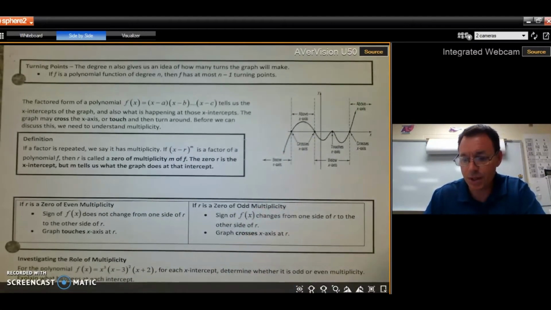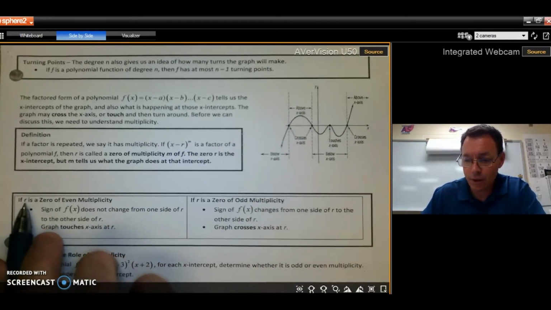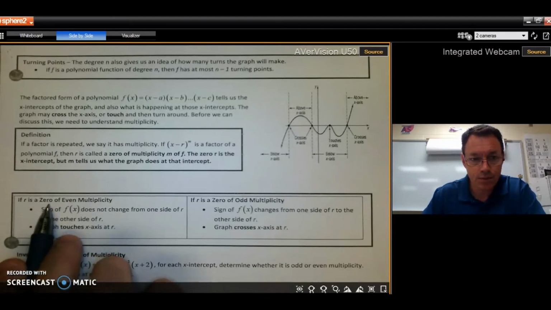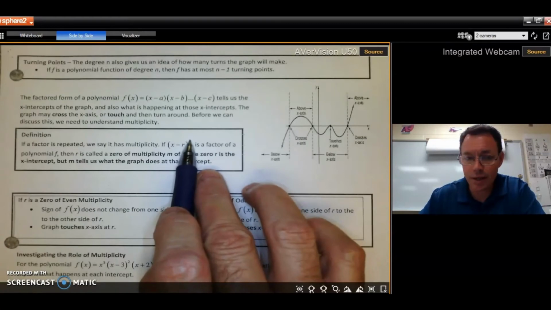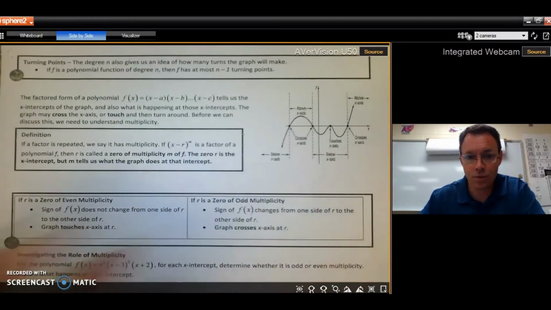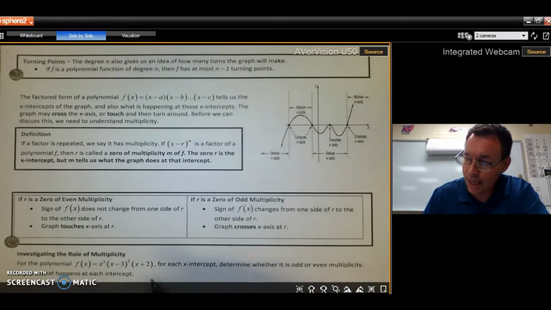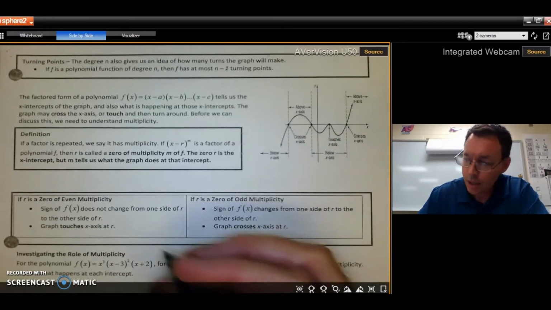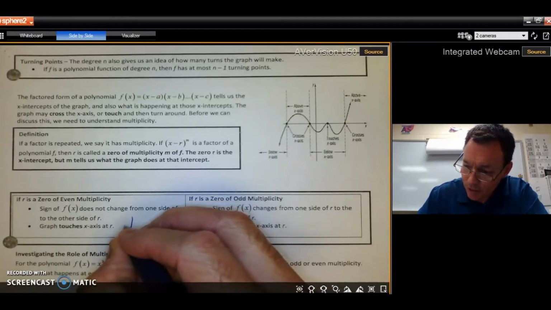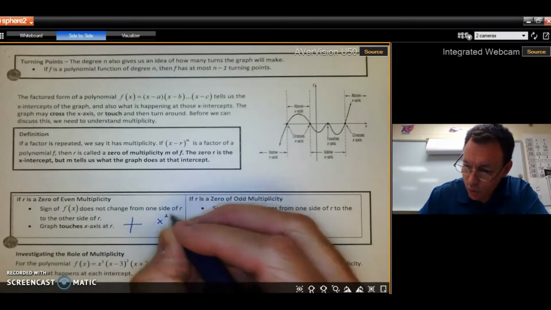But this exponent, whether it's odd or even, is going to tell you what happens at the x-intercept. So if r is a zero with even multiplicity, so this m right here is an even number, squared, to the 4th power, whatever, then the graph is going to come up, touch at that x-intercept, and turn around and go the way it came. An example of this: think of x squared.